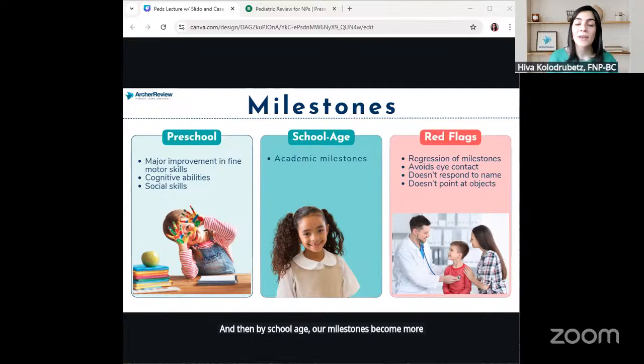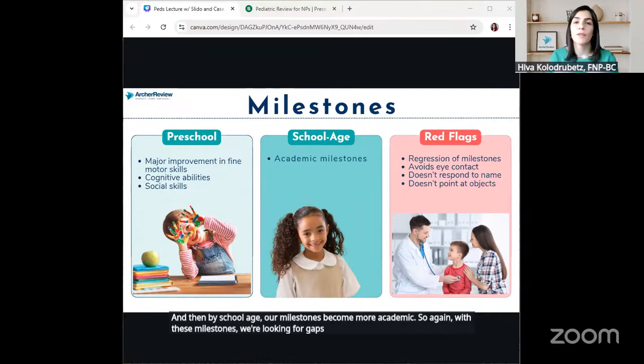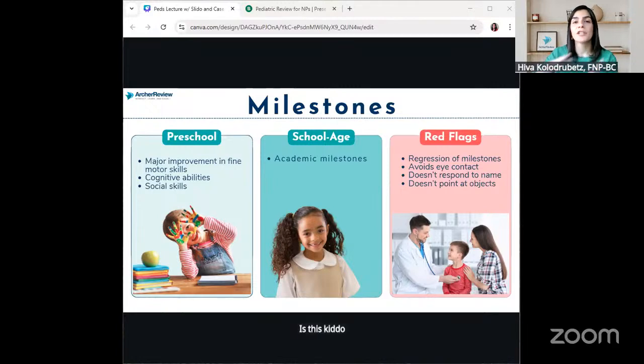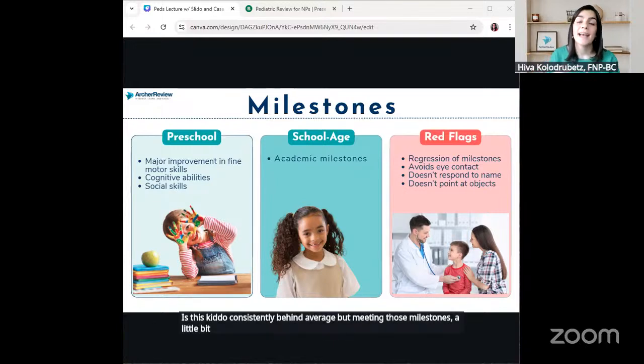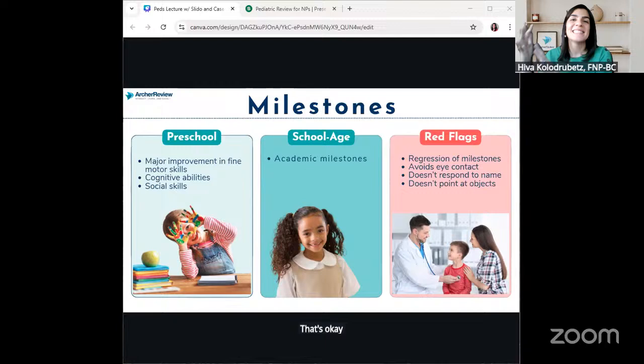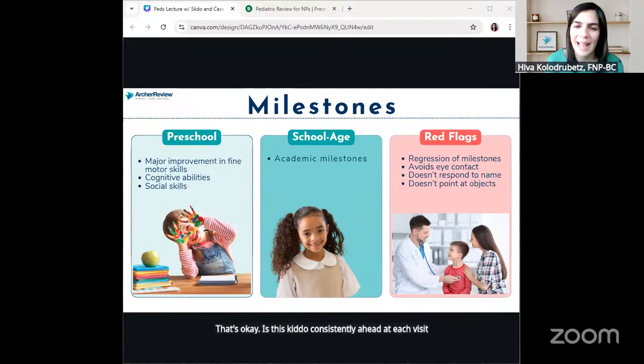So again, with these milestones, we're looking for gaps. We're looking for the big picture. Is this kiddo consistently behind average, but meeting those milestones a little bit delayed at each visit? That's okay. Is this kiddo consistently ahead at each visit? That's great, and that's okay.